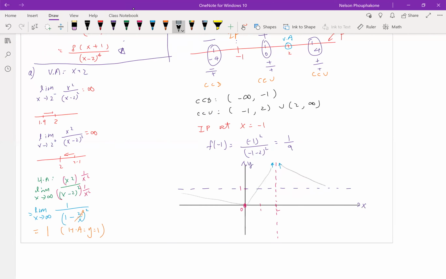Now at x equal to -1, we have an inflection point. Let us finish the graph. We have concave down here, and then concave up.